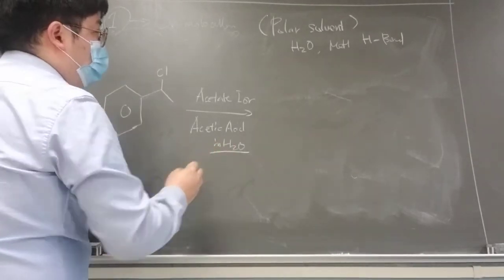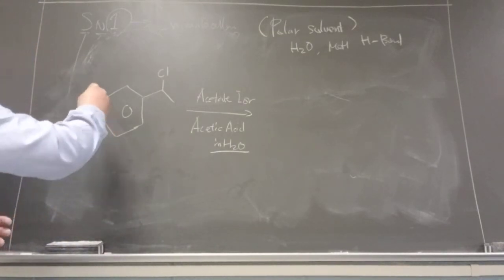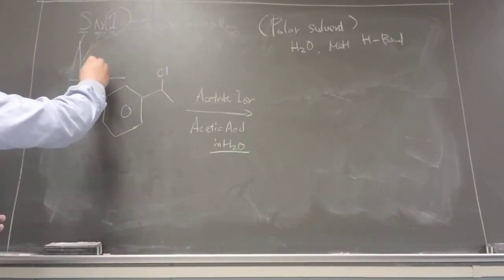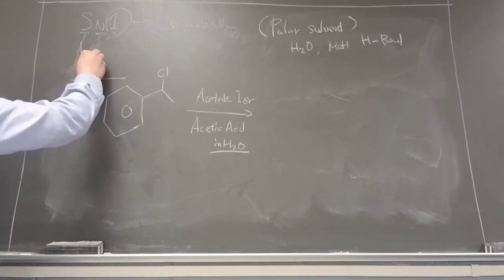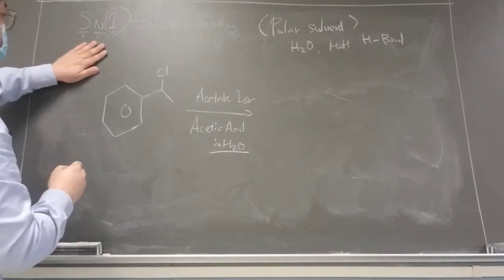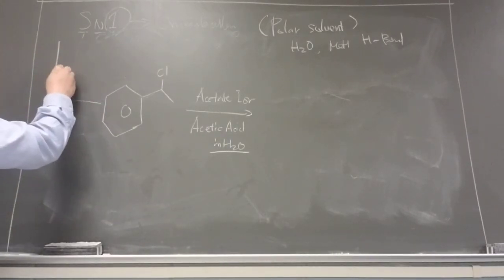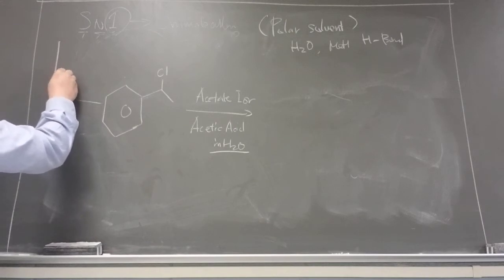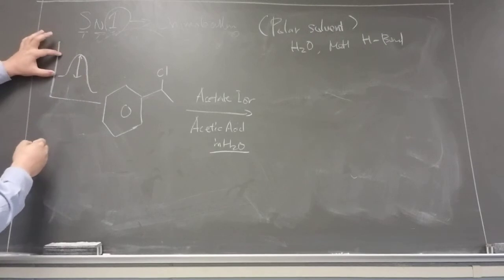So water can make the carbocation much more stable. So that makes your energy diagram, it doesn't have to start from here, but it can actually be lower. Let me draw it here, I'm sorry. So for SN2, if the reaction goes up here, this is the activation energy, this is the amount of energy.